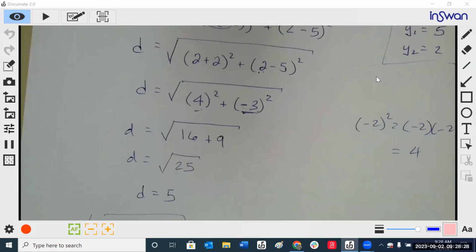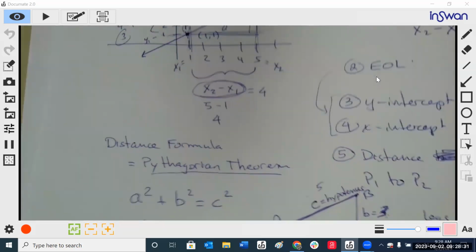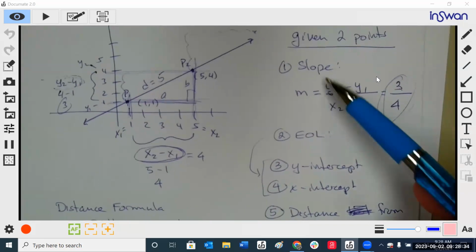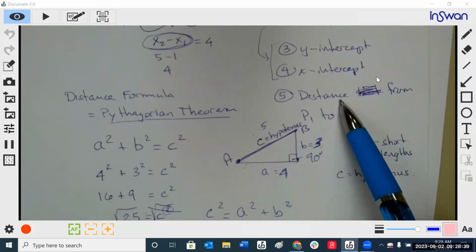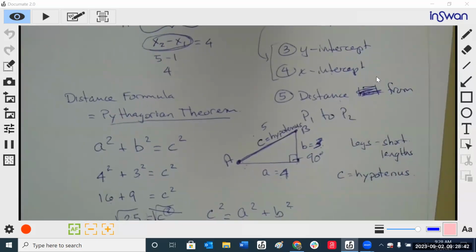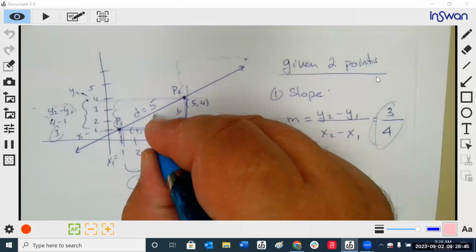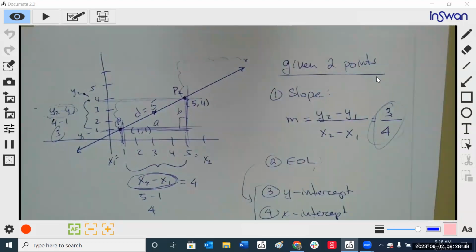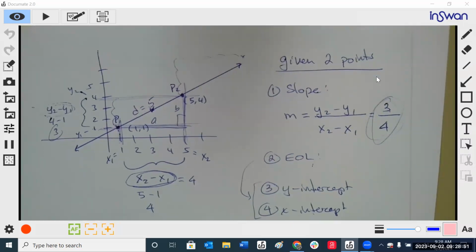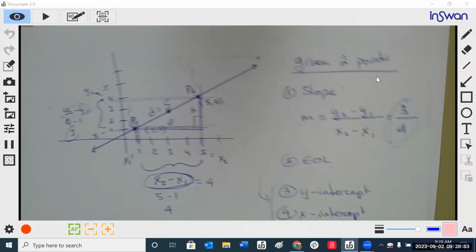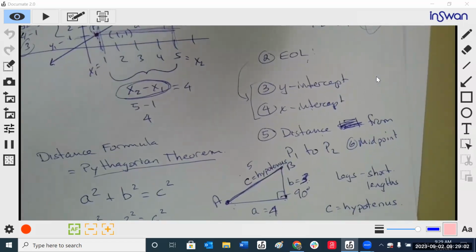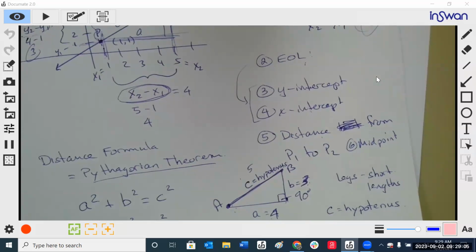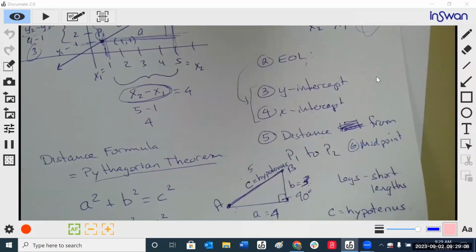Now, back to our picture. Yes, we can find the slope, which we did. Equation of line and x and y intercepts, we'll do that in a second. Distance, we just did. There's one more thing we can find. What is the point halfway between there? It's called the midpoint. So that's the location of the point halfway between our two endpoints.